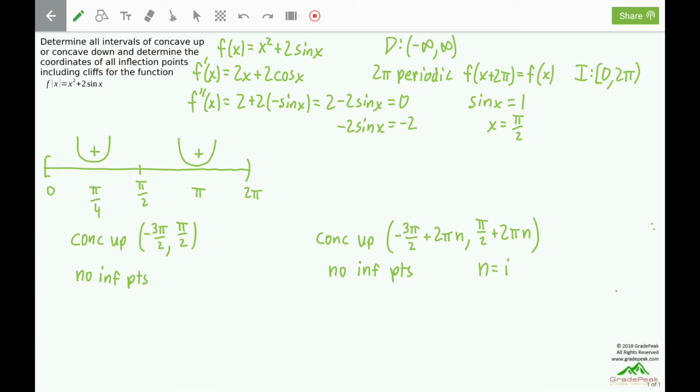Where n here is any integer. It can be a positive integer. It can be a negative integer. It can even be 0. If n equals 0, it'll give the results over the interval we just worked with. Allowing n to be any integer, we'll extend those results to the entire domain of negative infinity to positive infinity.